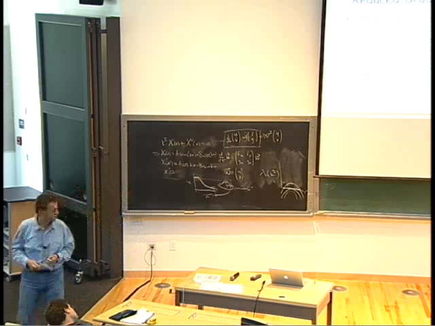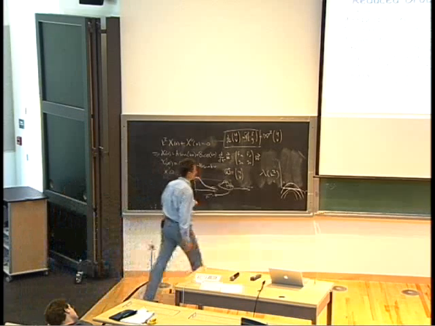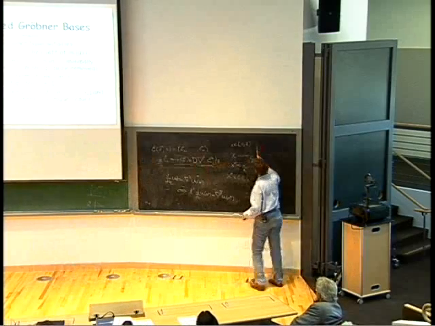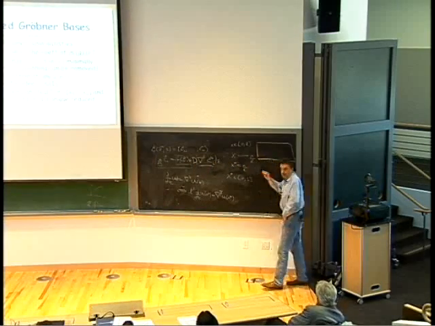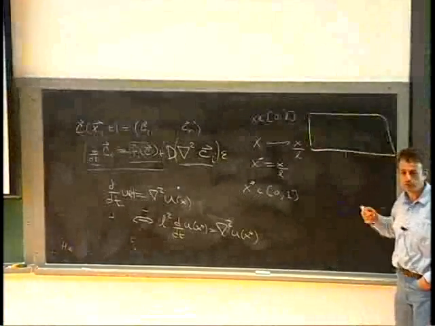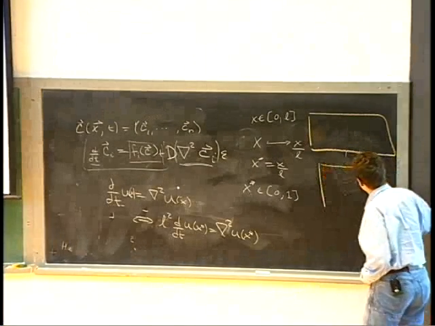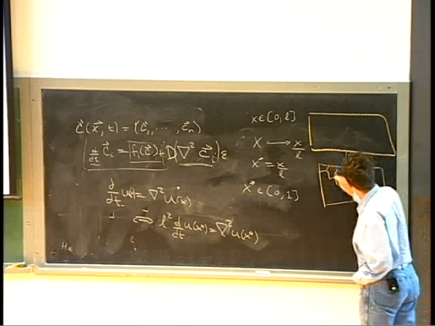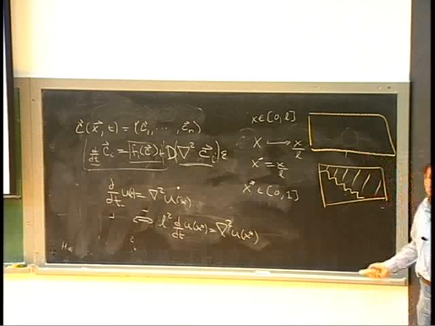Now, you know this, of course, from linear algebra. In Gaussian elimination, you have some matrix, right? You do row operations, and then after a while, you get this. Sometimes you're done, right? That's the Gröbner basis.